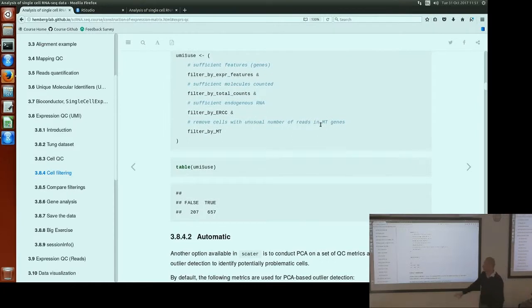And the combined vector contains 200 cells removed from the dataset. So we can then use this filter at the end once we've done everything. So basically by looking at the data manually, using 4 different plots, we were able to remove 200 cells out of 800 cells from our experiment.